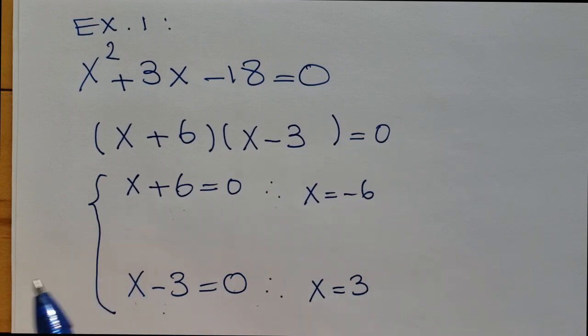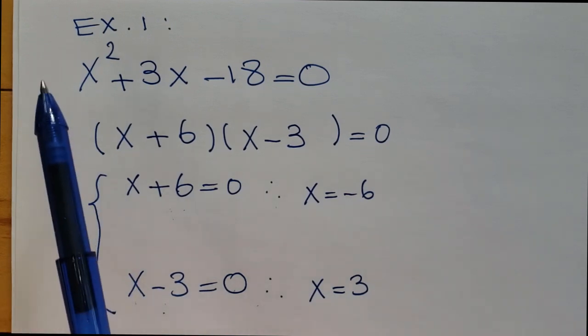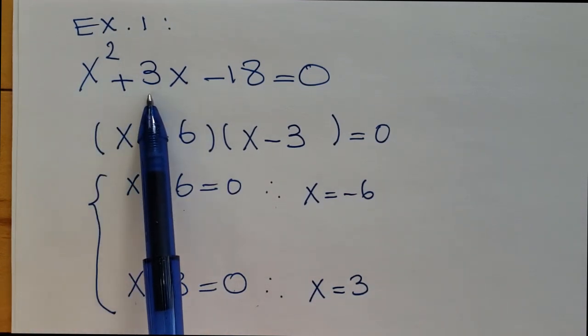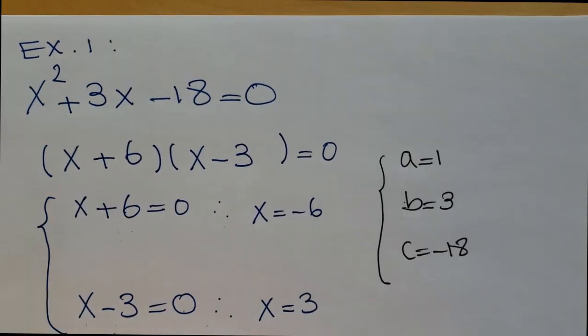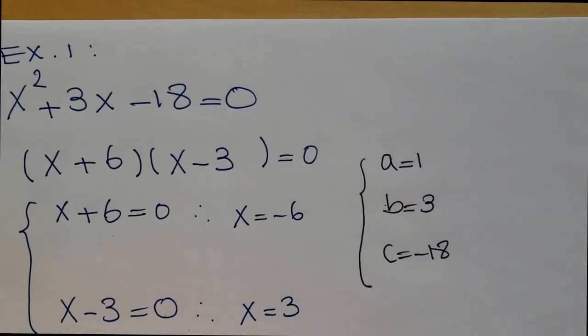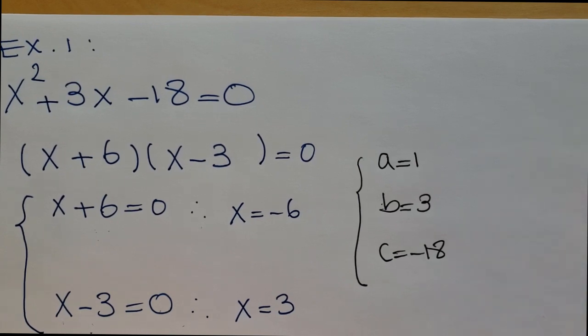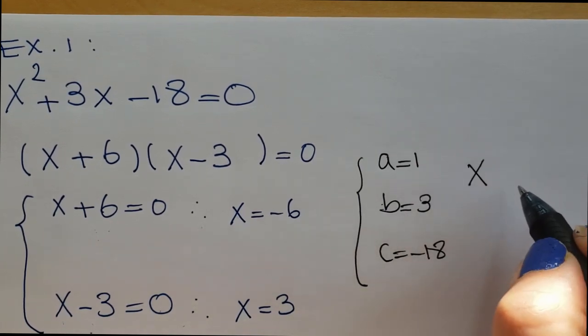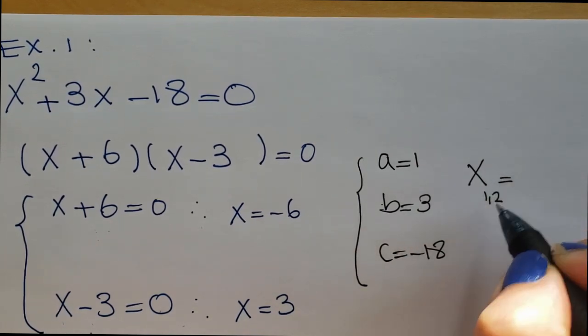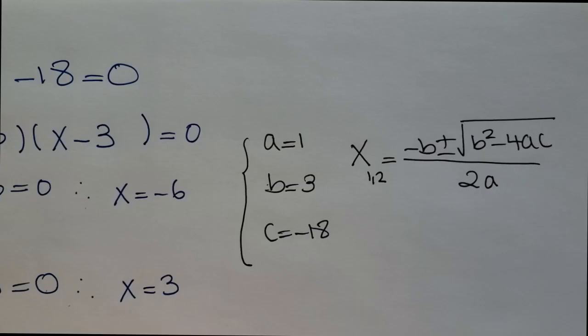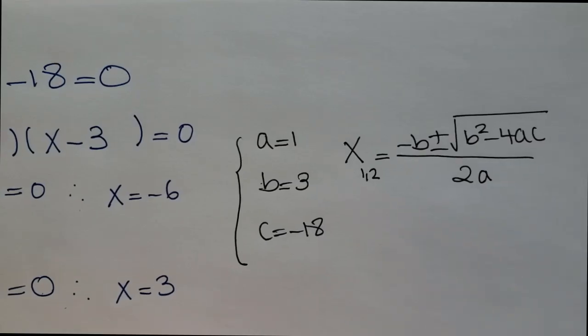So here, let's identify A, B, C. A is 1, B is 3, C is negative 18. Okay, now I identified A, B, C. I just put them in my formula. I just write down the formula to remind you. This is the quadratic formula, and A, B, C need to be simply substituted.